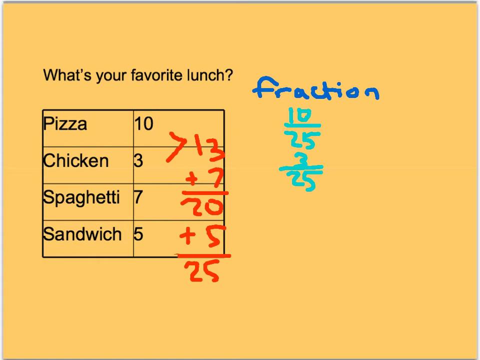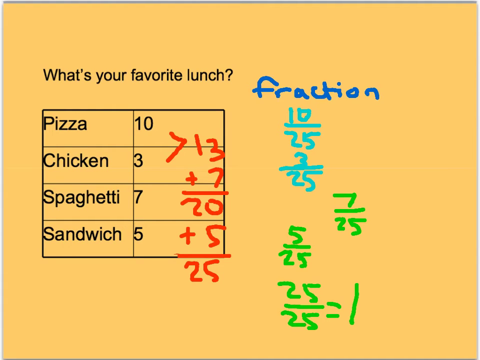For spaghetti, the fractional part is 7 out of 25. And finally, for sandwich, we have 5 out of 25. Now, if we add all those fractional pieces up, we should get the whole, or 1. 10 plus 3 is 13, plus 7 is 20, plus 5 is 25. That is 25/25, which does equal 1 whole.